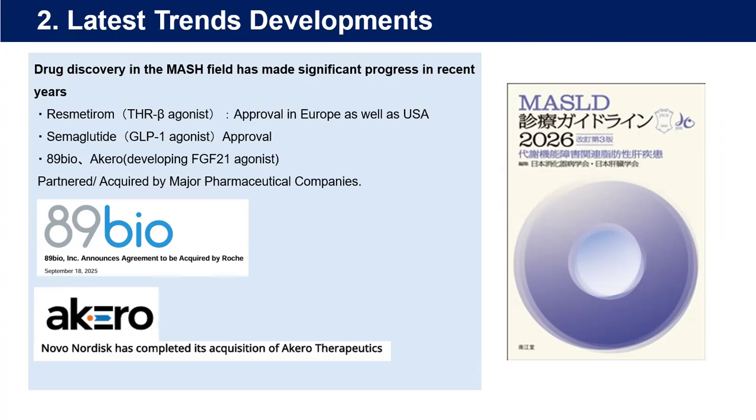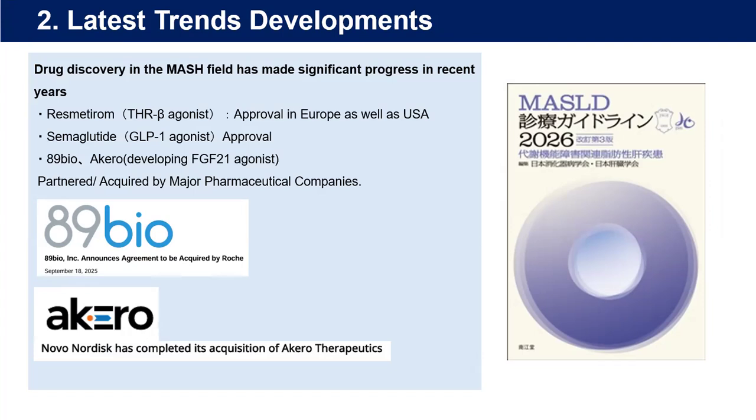For example, the focus is on drugs that act on metabolism, such as resmetirom. It is a THR beta agonist. Semaglutide is a GLP-1 agonist and FGF1 agonist. What this reveals is that MASH is, after all, a metabolic disease. In other words, rather than simply targeting the liver, it has become crucial to improve systemic metabolism.